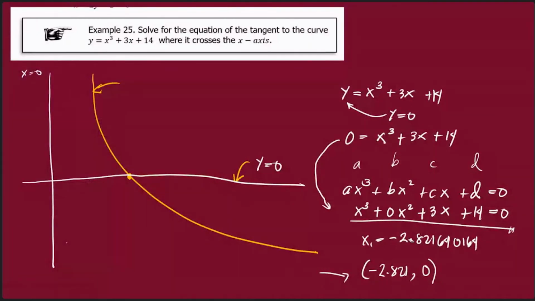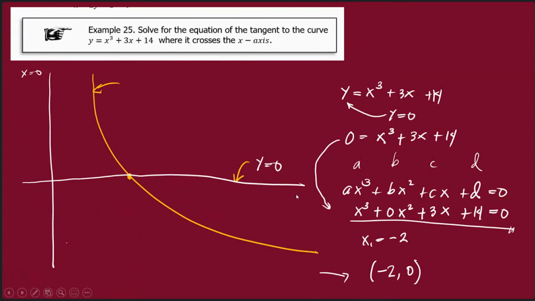Excuse me, sir, do we always ignore x sub 2 and x sub 3? If all of them are real numbers, then that means there are three equations that you will solve.